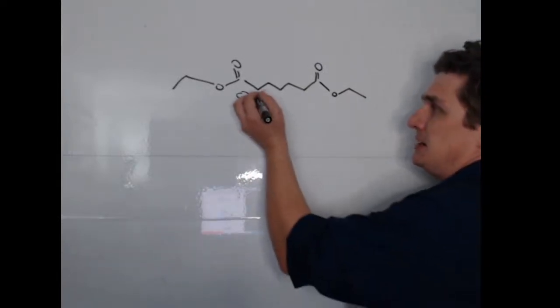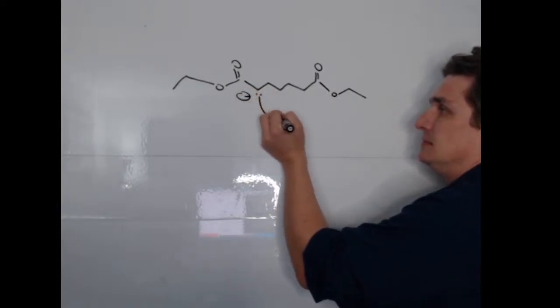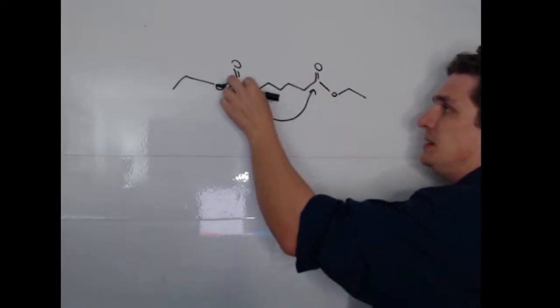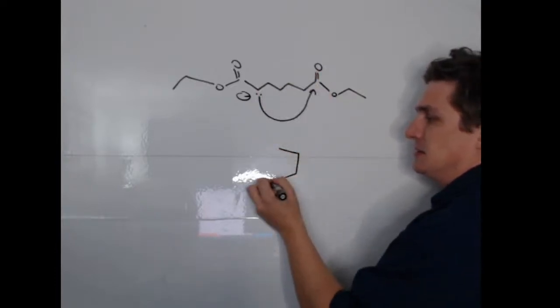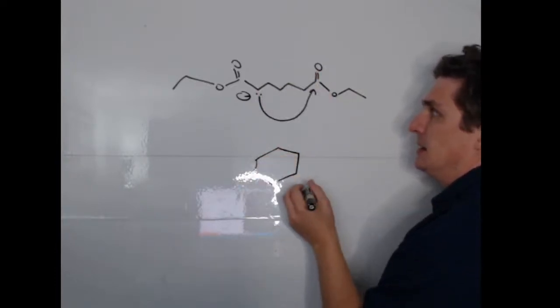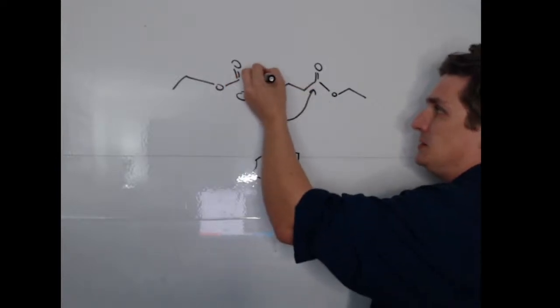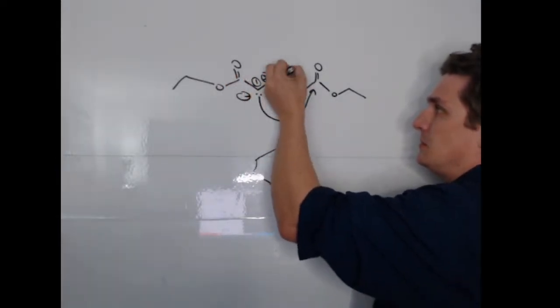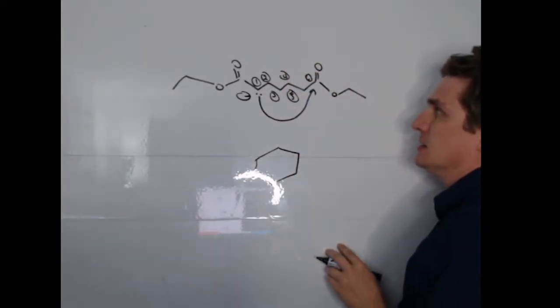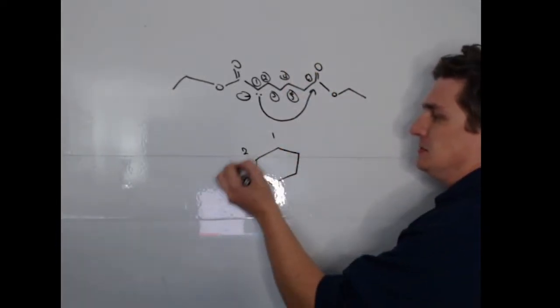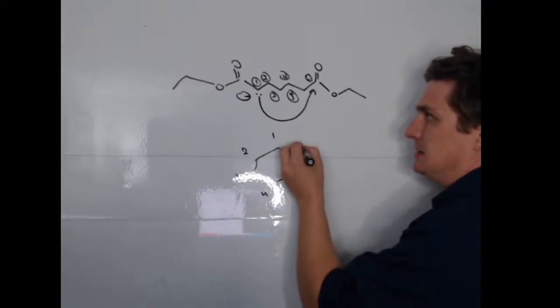So now you've just got an aldol addition. So 1, 2, 3, 4, 5, 6. And we'll number these 1, 2, 3, 4, 5, 6.